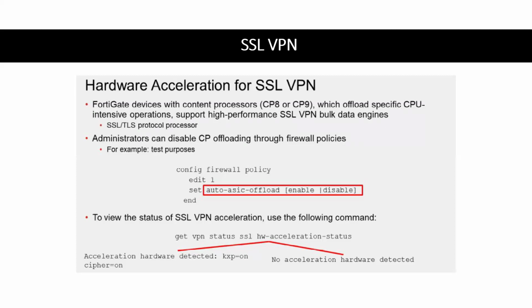What are those services or resources it's offloading? It's taking over from the CPU UTM, right? Antivirus, all that. We have a dedicated chip for that, right? SSL VPN traffic, we can offload some traffic for that, right? We can do that, right?